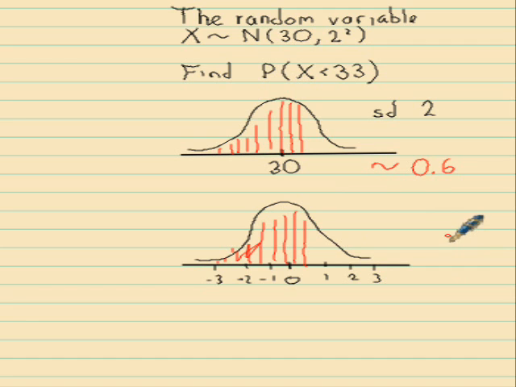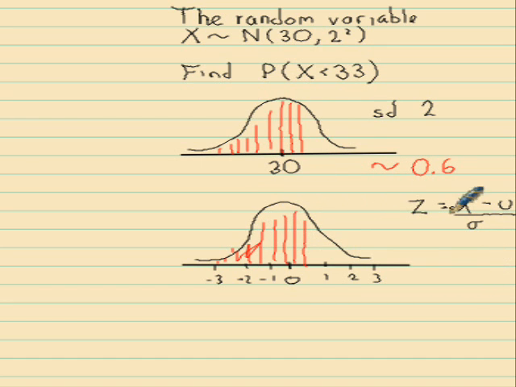So I need to relate these two, and this is what you need to memorize. That's how the two will be related. So I want to, this is my X, and I want to change it to Z.